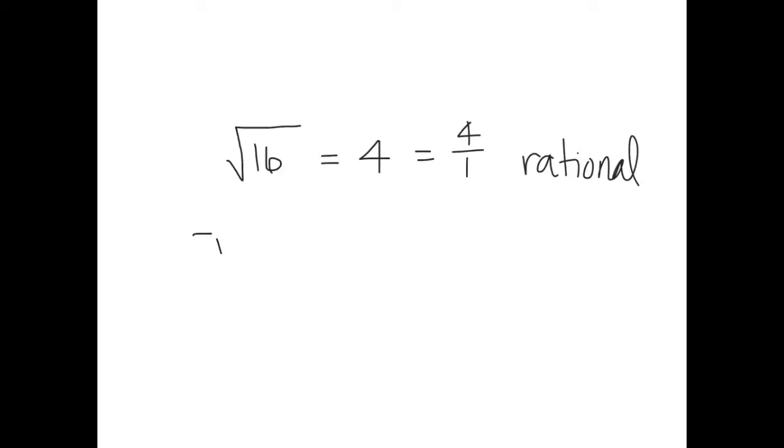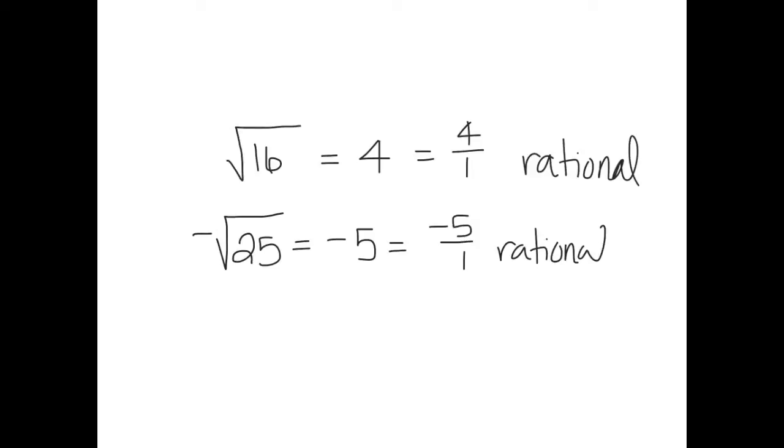What about negative the square root of 25? Well, the square root of 25 is 5. That negative out front turns it into a negative 5, which is the same thing as negative 5 over 1. So that's also rational.